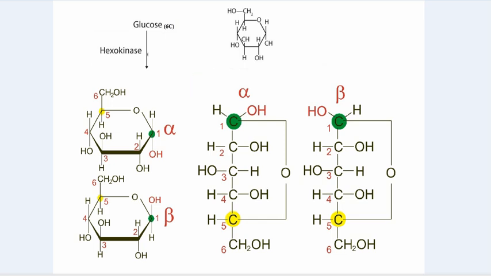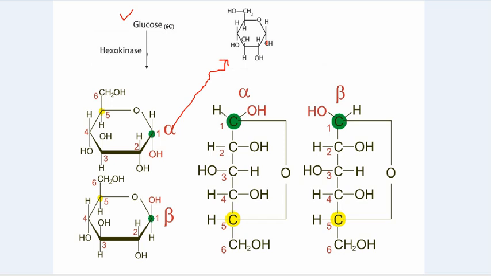This one is O, it's not a C, and this one is OH. OH is on the lower side, and this is alpha D glucose. Now this alpha D glucose enters this entire cycle.